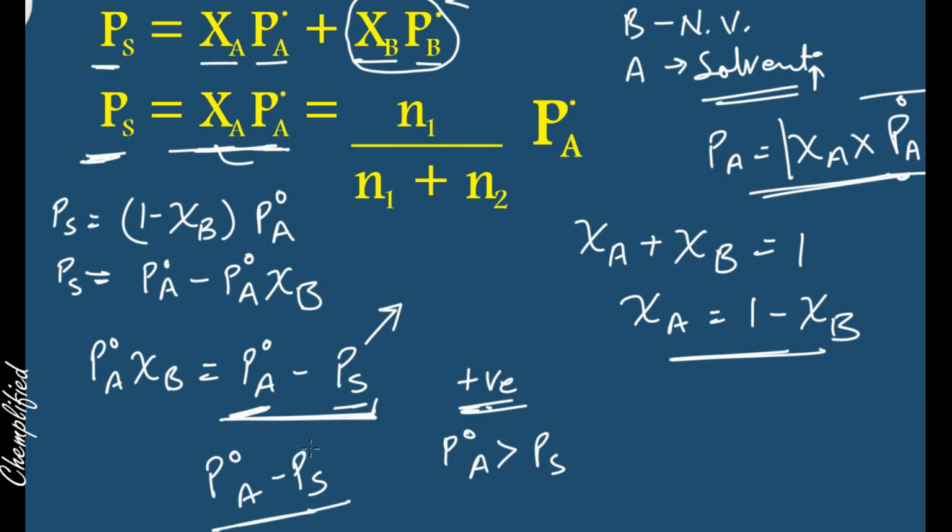P naught A minus PS shows lowering of vapor pressure, and the colligative property which we will discuss is relative lowering of vapor pressure. This is not relative lowering, this is just lowering in vapor pressure. The value will be given as P naught A minus PS, where P naught A is the vapor pressure of pure component A and PS is the vapor pressure of the solution.